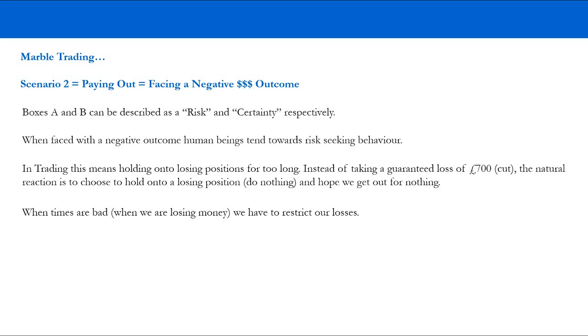So you can see now how human behavior in getting paid tends towards certainty, and when paying out tends towards risk. What we actually have to do as traders, portfolio managers, is take the opposite approach.